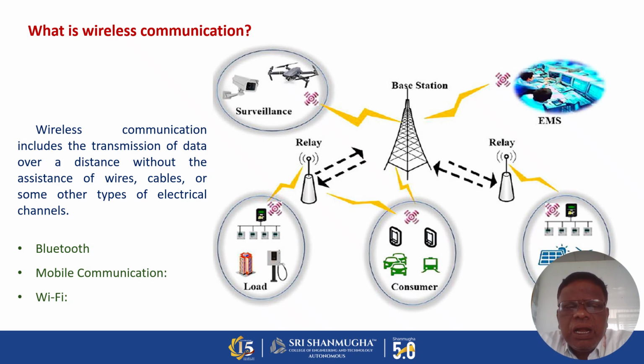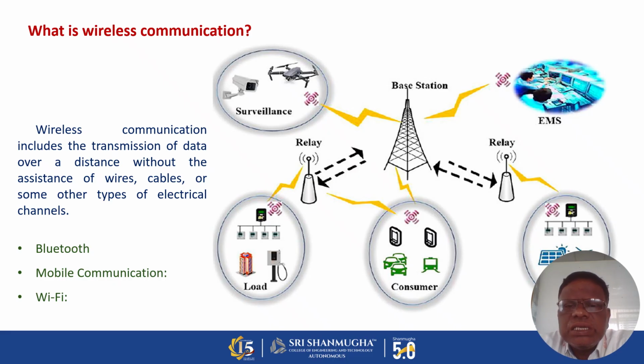All of you know these categories from your mobile itself: Bluetooth transfers data from one mobile to another, voice communication goes from one mobile number to another, and Wi-Fi connectivity is used for data transfer and internet purposes.